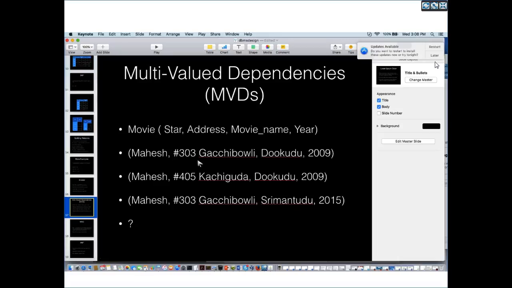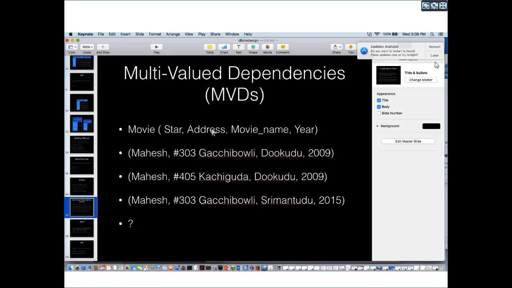Let us say the star has two addresses. He has two houses in Hyderabad where he can stay, for example 303 Gachibowli and another address, 405 Kachiguda.